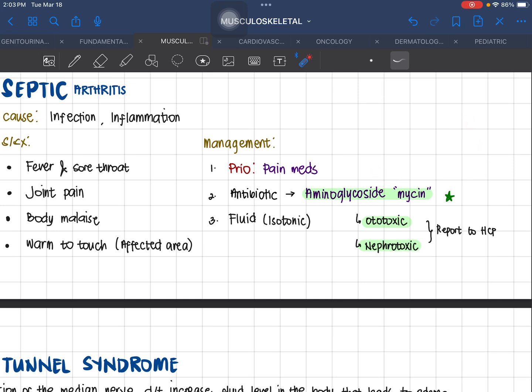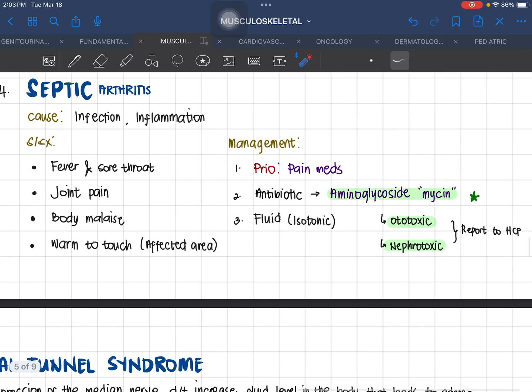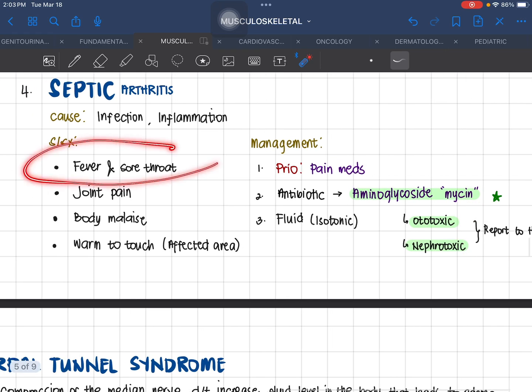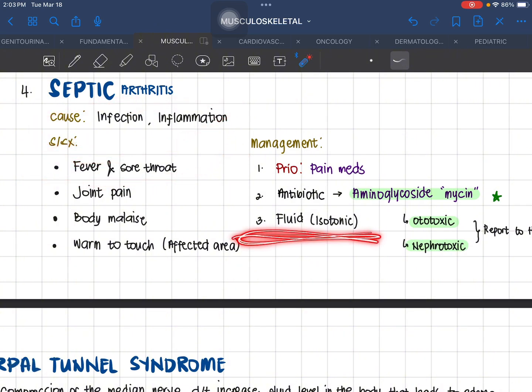So, dapat i-check mo yung liver function test. Ayun. So, kapag ganon, report na kay healthcare provider. Also, kapag may fever and sore throat or infection, isa sa management talaga ay ang fluid. So, fluid of choice is isotonic. Kapag wala isotonic, ay hypotonic.